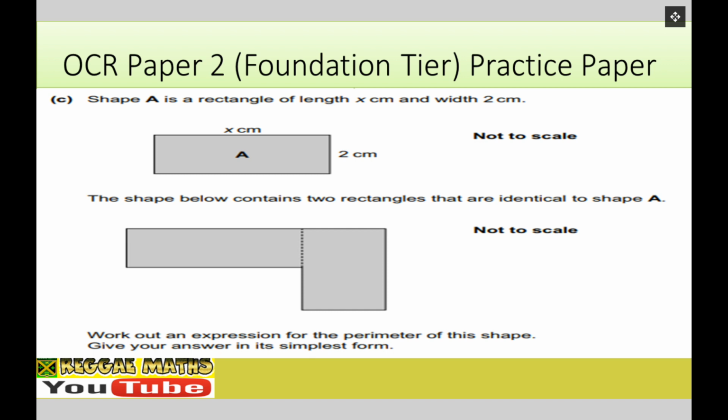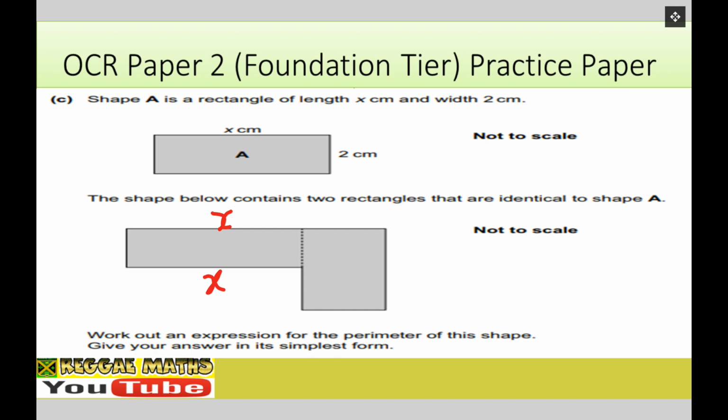Give your answer in the simplest form. So basically we can write out all the information. It says the shape below contains 2 rectangles that are identical. So using that information, we know that's x.